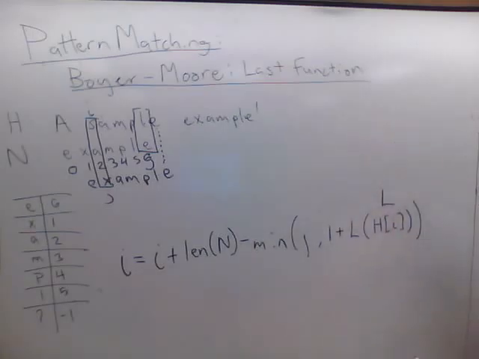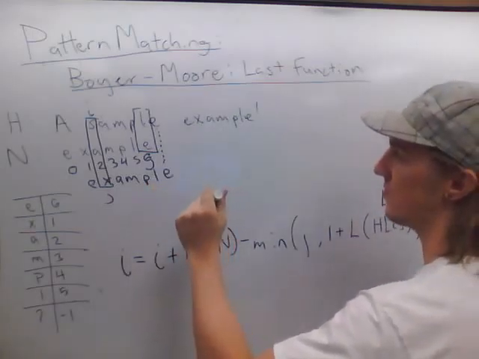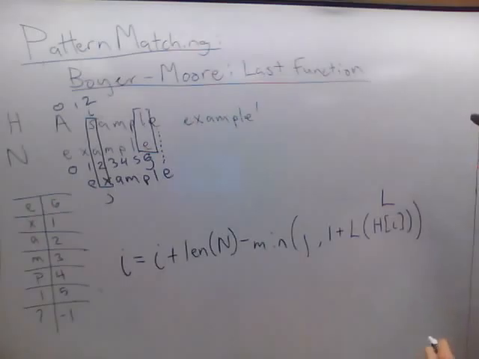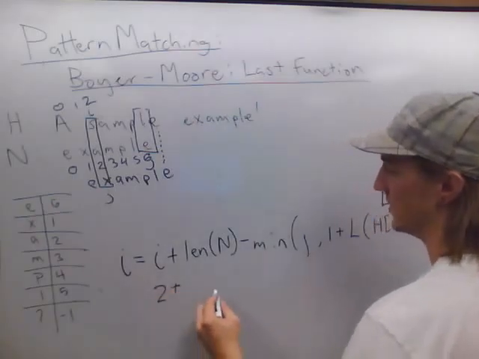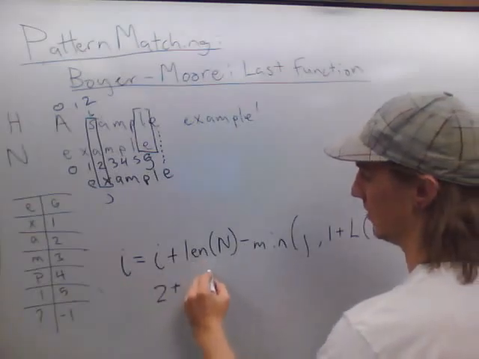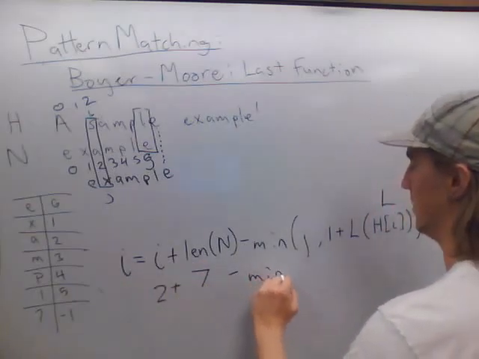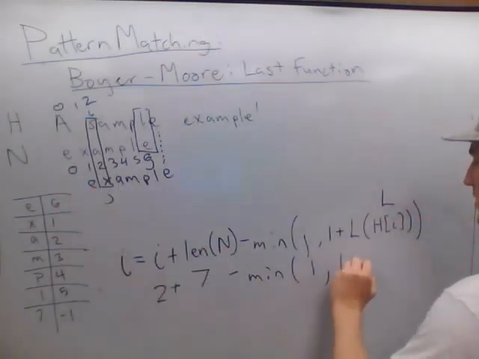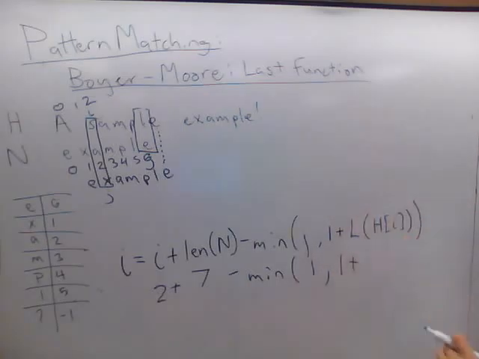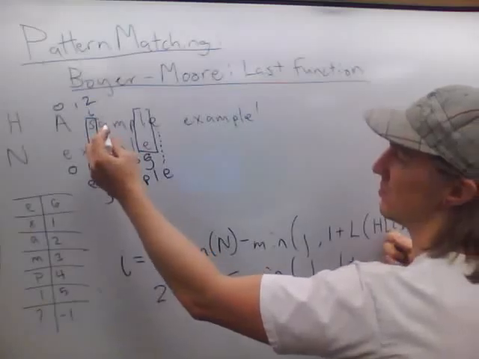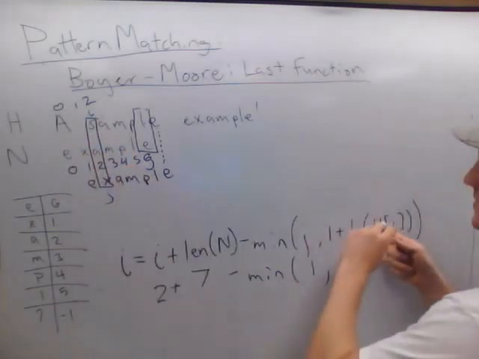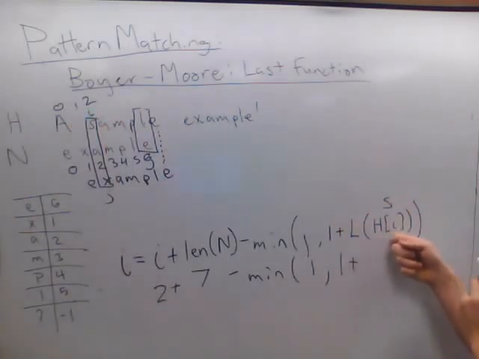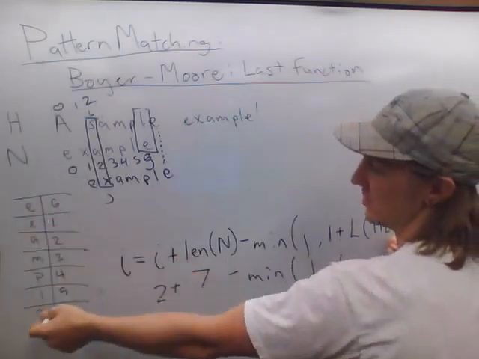If we plug in these values, so 0, 1, 2, I is equal to 2 plus the length of the needle, which is 7, minus the minimum of J, which is at 0, or 1 plus the last function at I. We take S, the character at I inside the haystack, and we plug S into here. We see that it does not exist.